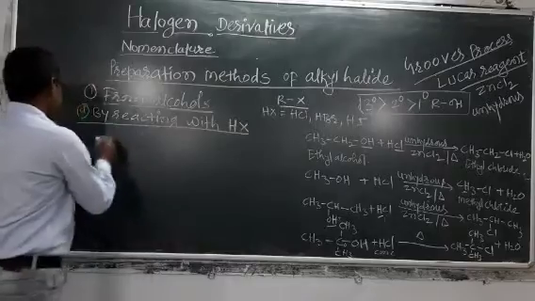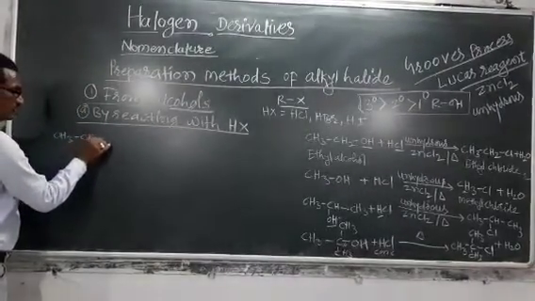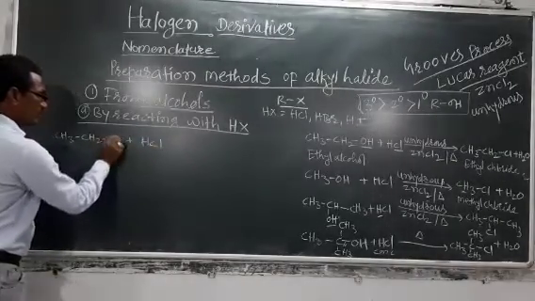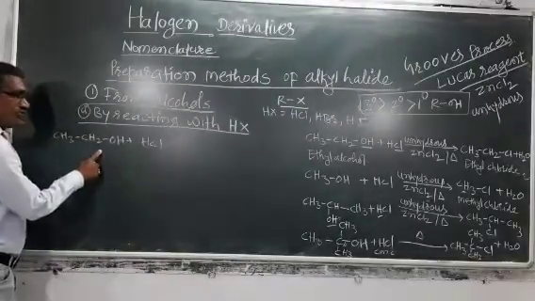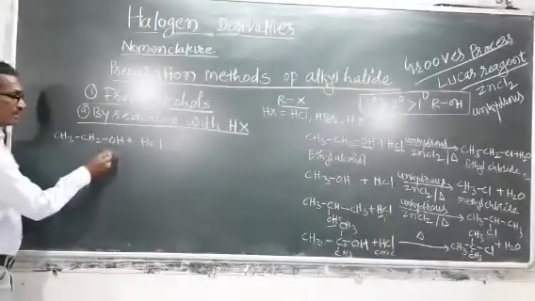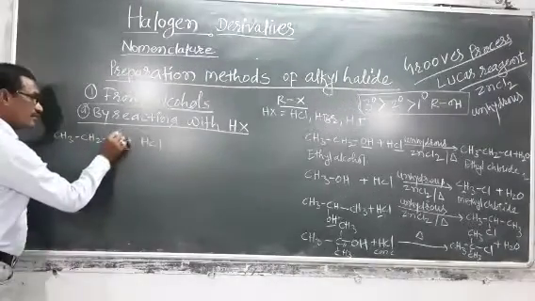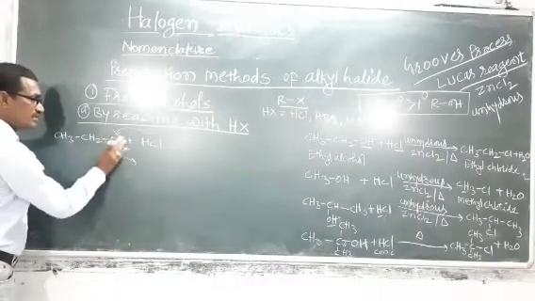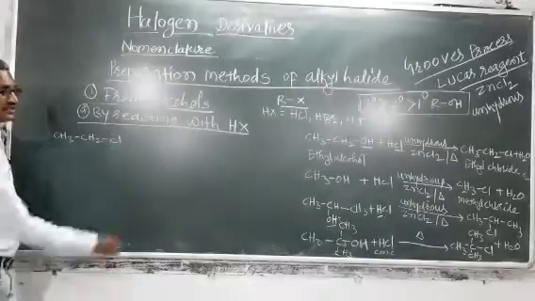What happens in this reaction? CH3CH2OH plus HCl. When we perform this reaction, OH is substituted by Cl, meaning OH is removed and Cl is attached.